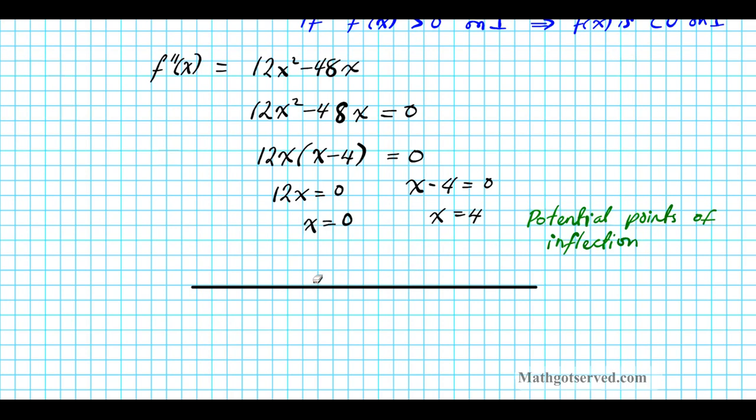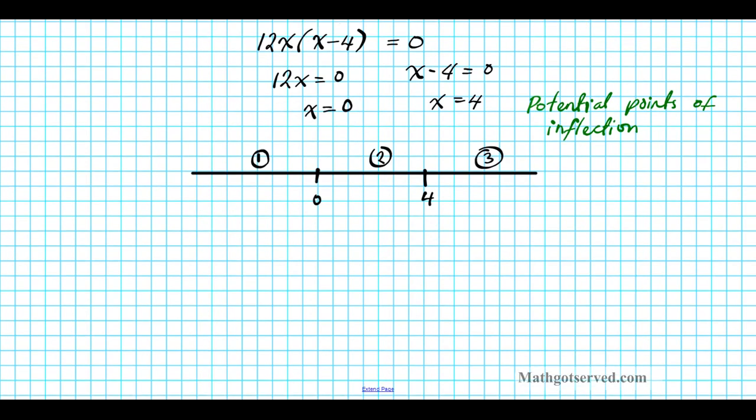Okay, so we have 0 and 4. We have interval 1, 2, and 3 that we're going to be testing. What we are looking for here is the sign of the second derivative. That tells us the behavior of the function.